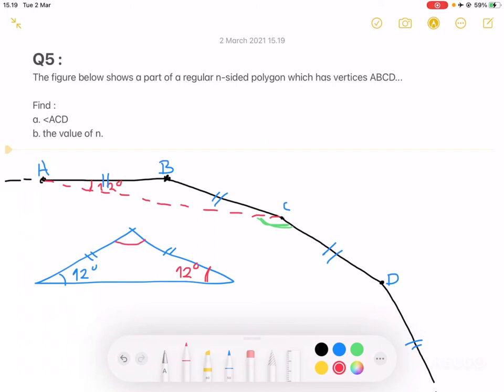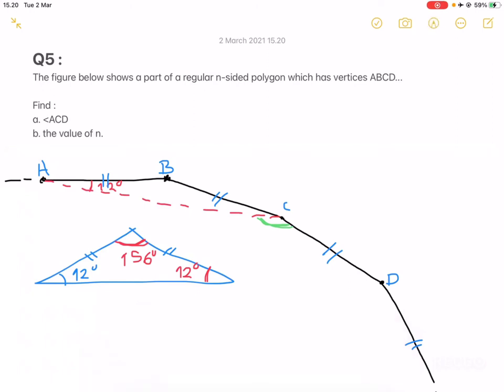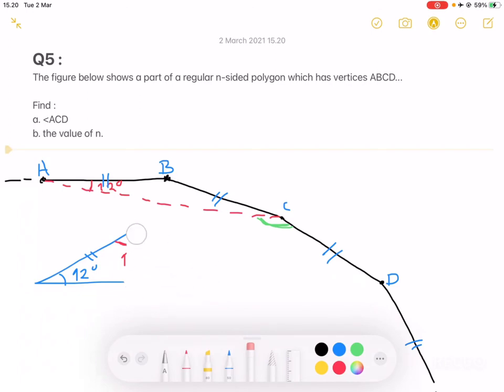And then we can find this to be 180 degrees minus 12 degrees minus 12 degrees, which is 156 degrees. And then again, knowing this is a regular n-sided polygon, all interior angles in this polygon must be equal.